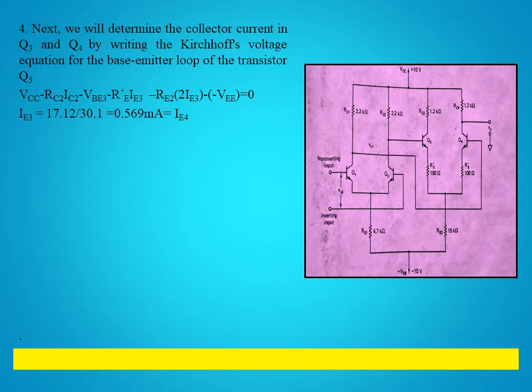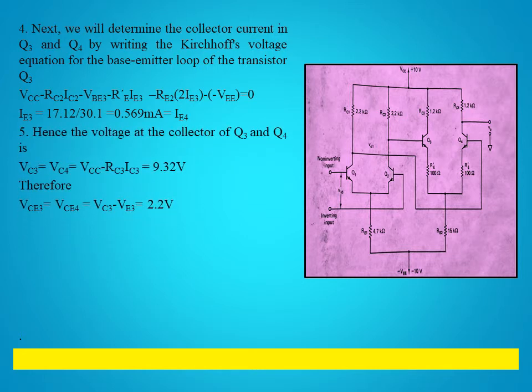When we put the respective values and calculate, we get IE3 equal to 0.569 milliamperes, which is again similar to IE4 because both the stages are considered to be identical. Next we calculate the voltage at the collector of Q3 and Q4 in the same manner that we have calculated before.